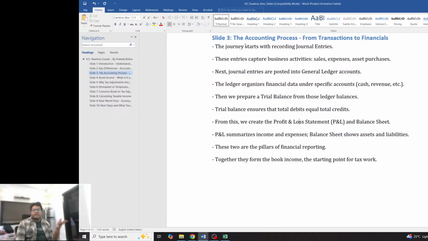There are certain rules that we will come to and get into. Now, once those journal entries are recorded, then at the end of the year those journal entries will be posted to general ledger accounts.